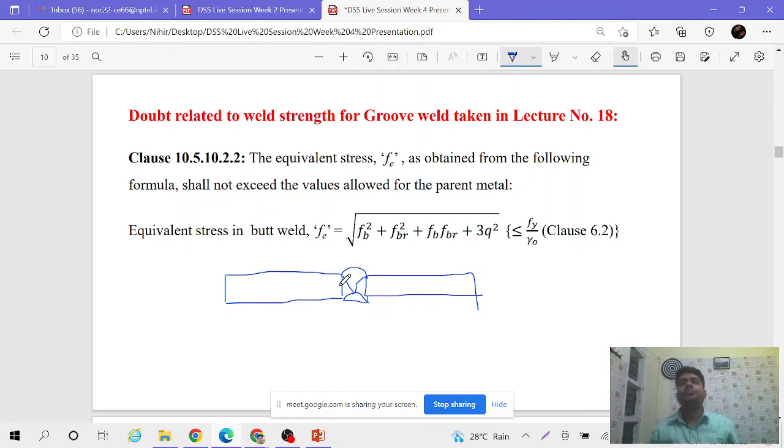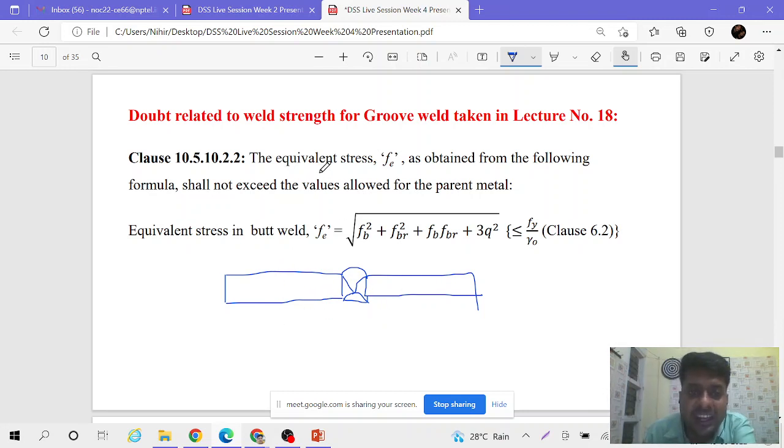Further, when we weld this, the strength of the weld will be equal to the strength of this plate, or slightly more than the strength of this plate. In any case, the strength of the weld should not be less than the strength of the parent metal. This is the parent metal which we are connecting here.